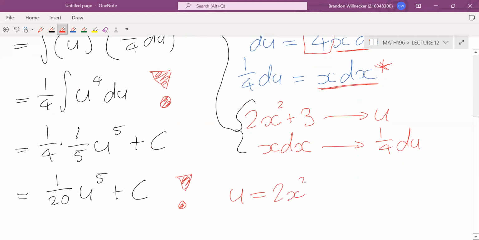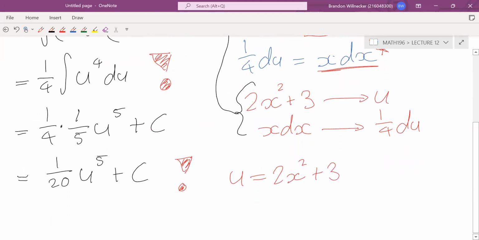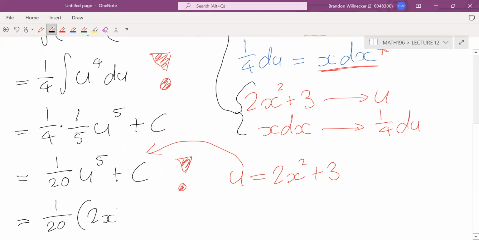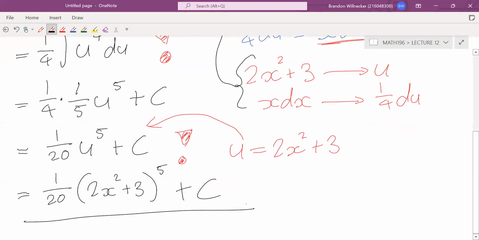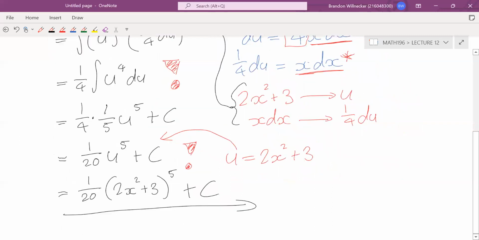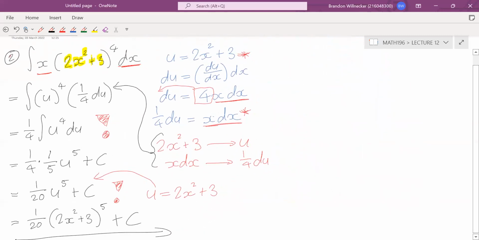So let's put that back. So this is now going to be 1/20 times 2x squared plus 3 to the power 5 plus c. And that's done. So you see, it's much, much easier after we do the substitution.